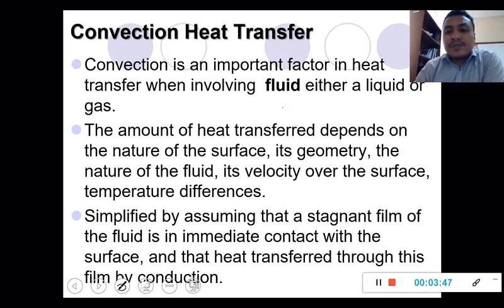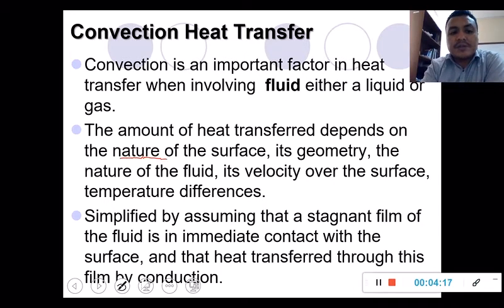Convection is an important factor in heat transfer when involving fluid, either liquid or gas. The amount of heat transfer depends on the nature of the surface, its geometry, the nature of the fluid, its velocity over the surface, and temperature differences. These are some of the factors that influence heat transfer in convection.